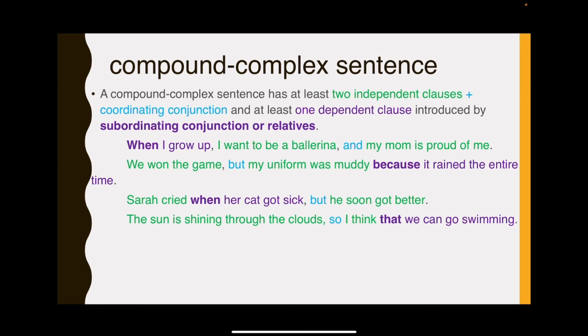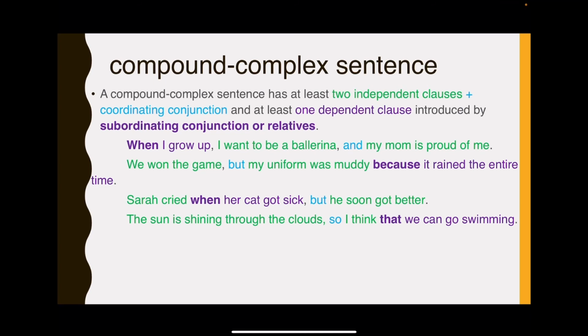That's because if it is a compound sentence, we need two independent clauses, right? So there should be two greens in each sentence plus a coordinating conjunction in blue. What else? There must be one dependent clause introduced by a subordinating conjunction or relatives. So you must find the purple one in that sentence.